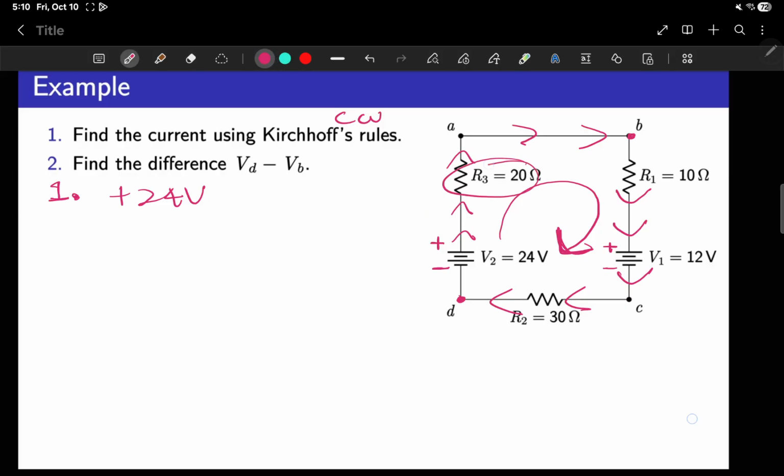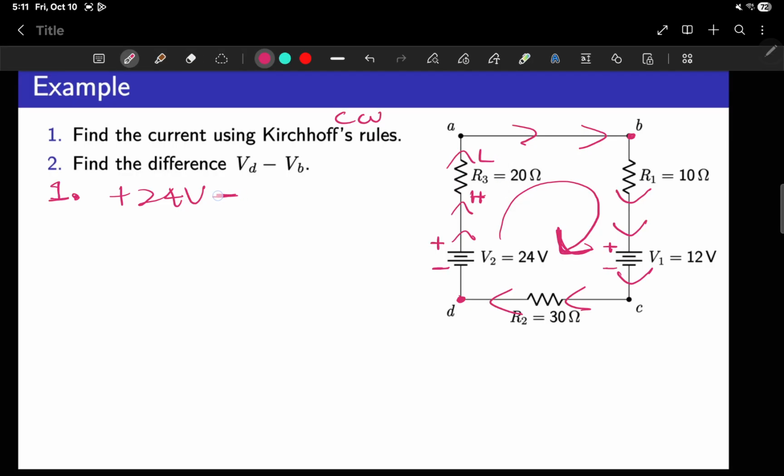Then I move through R3, and whenever the current flows, this is a part of the theory, the current always flows from high potential to low potential. So we're going from high potential to low potential, and we want to find the change in potential caused because of R3, this resistor. So we're going to do final minus initial, which means we'll get a negative answer.